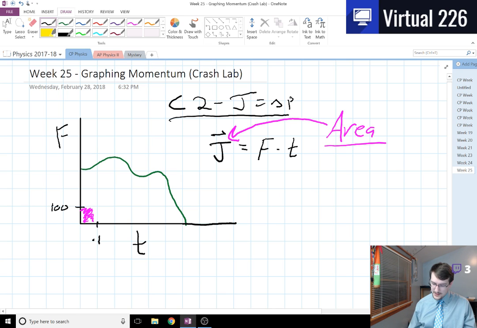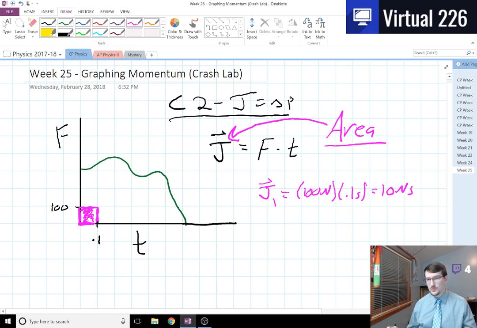If I wanted to find the area of just one block, or the impulse of one block, well, it'd be 100 vertically multiplied by 0.1, and that would give me the area of this little cube here. So 100 newtons times 0.1 seconds gives me 10 newton seconds. And that would be the impulse generated by one little block there.